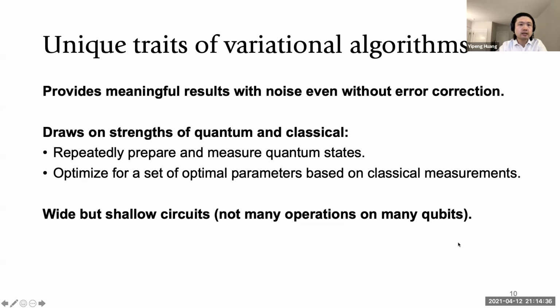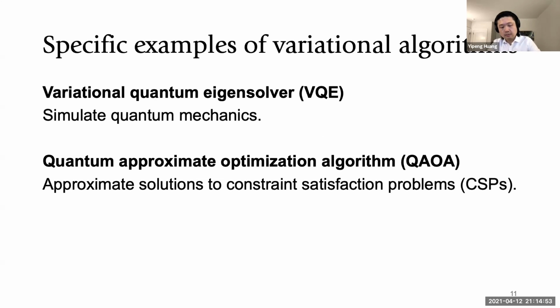And interestingly, these algorithms also have quantum circuits that are relatively wide but shallow. This means that the quantum circuits themselves have relatively few operations, but can do the algorithm on multiple qubits. And some of the prominent examples of these variational algorithms include the VQE algorithm.